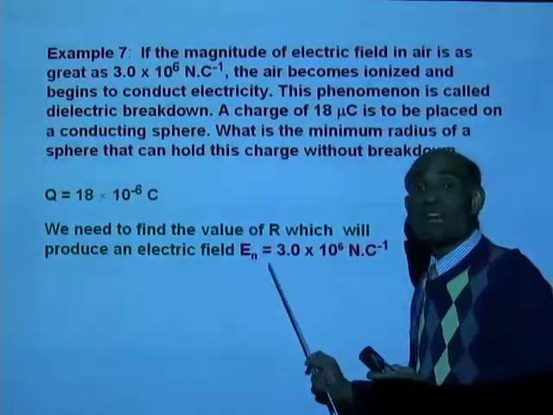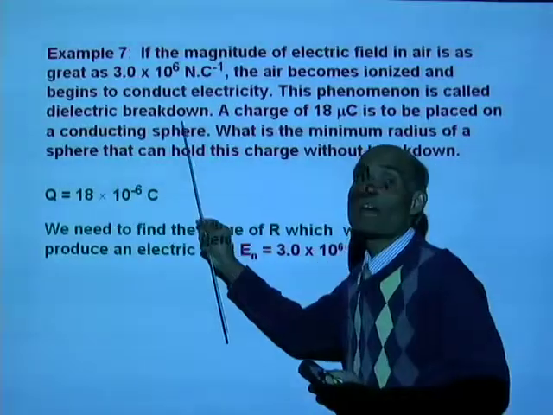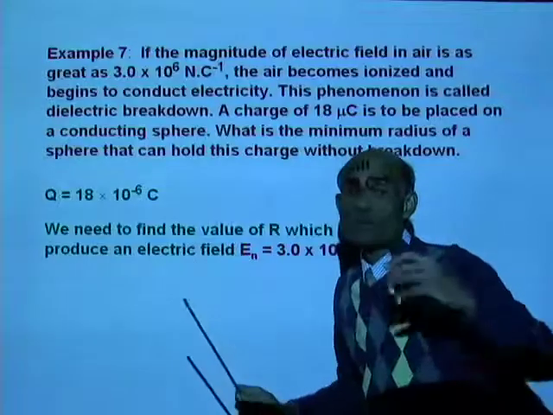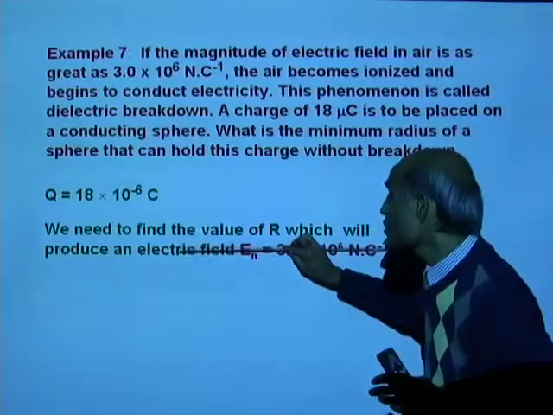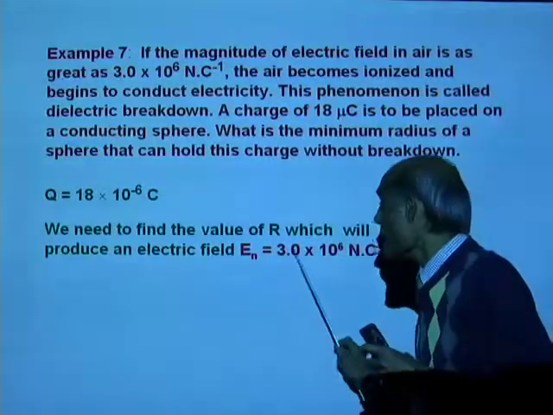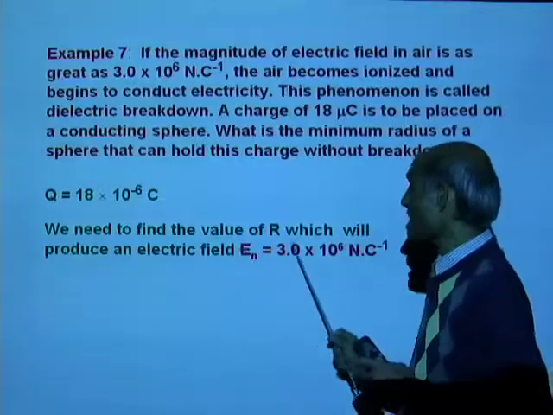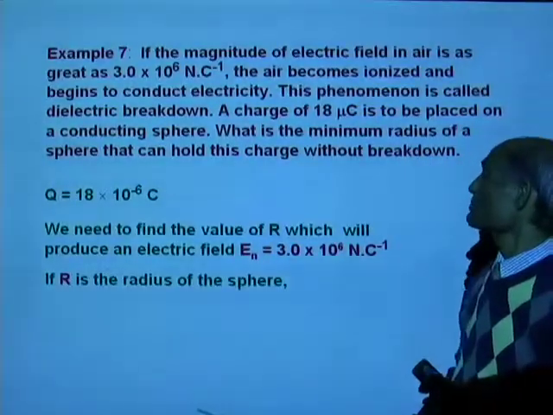If the electric field exceeds this value, it will create dielectric breakdown. Now, in order to prevent the dielectric breakdown, we need to keep the electric field within this range. So we will go up to this value. So we say electric field is 3 times 10 to the 6 Newton per Coulomb.